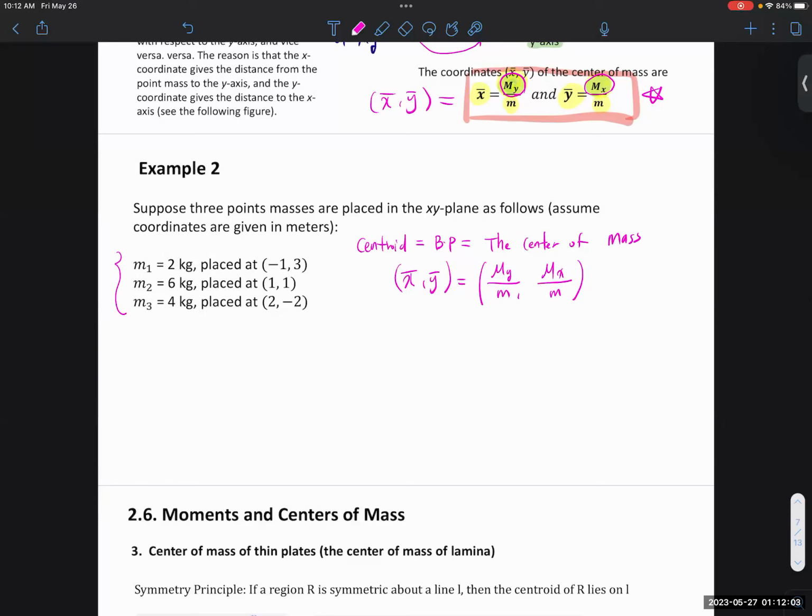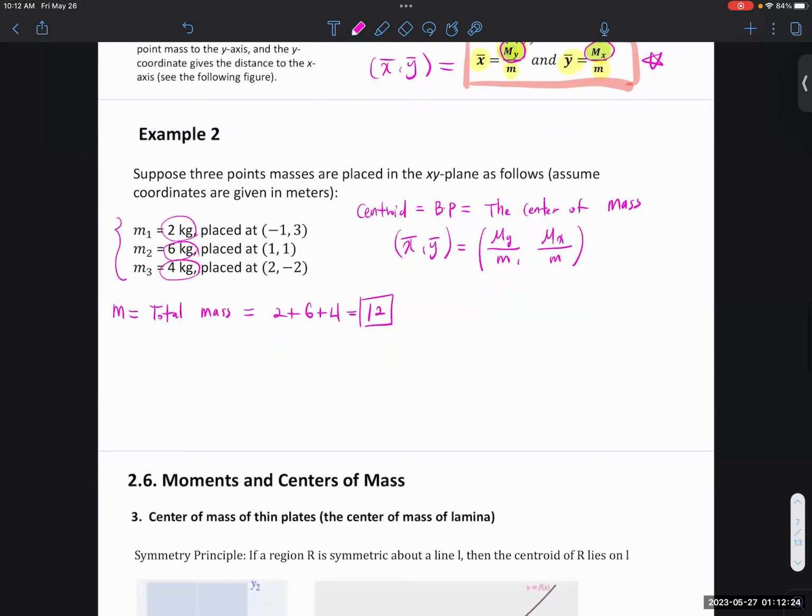Let's find the total mass first, little m. The total mass is given as 2, 6, 4. So 2 plus 6 plus 4 is going to be 12. This is the total mass, correct?